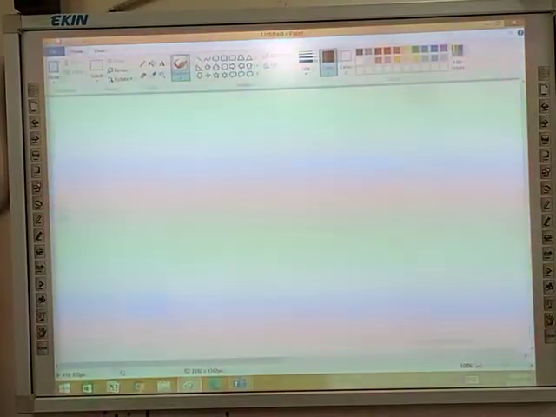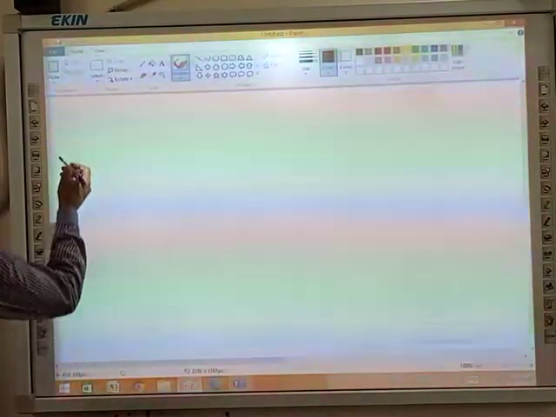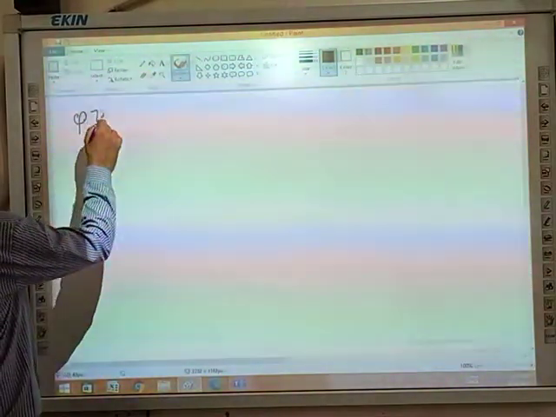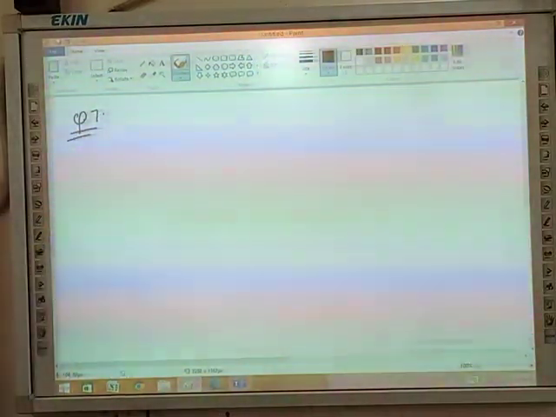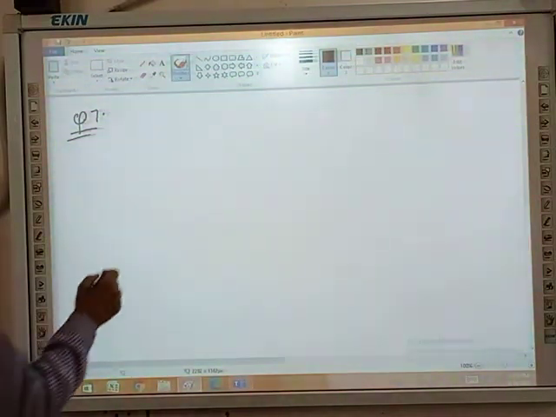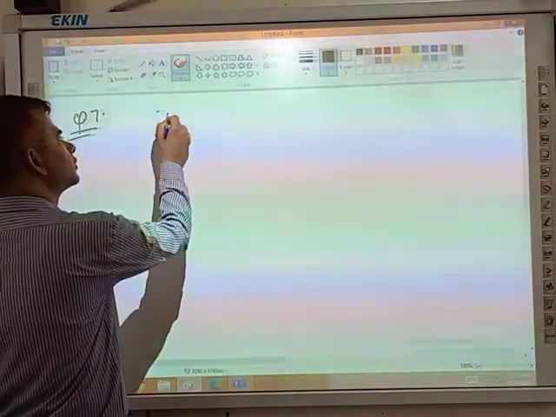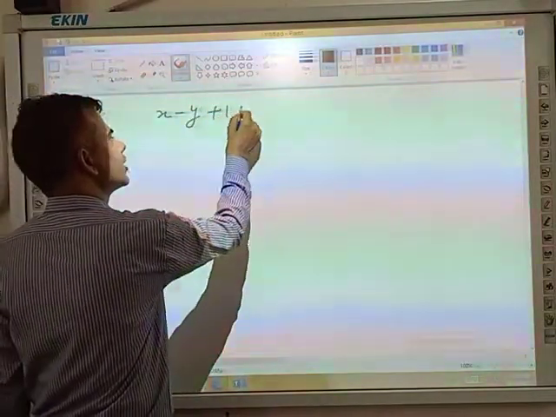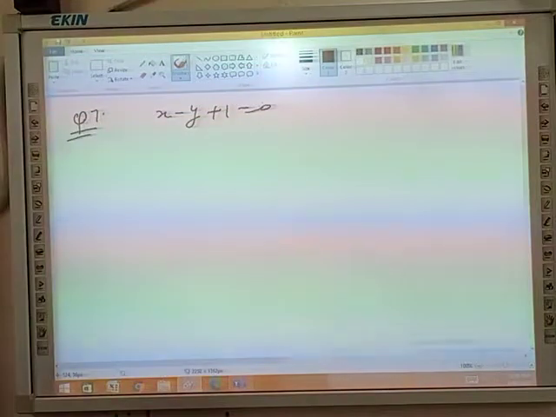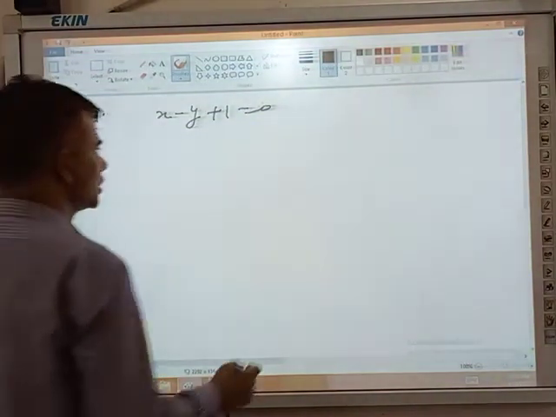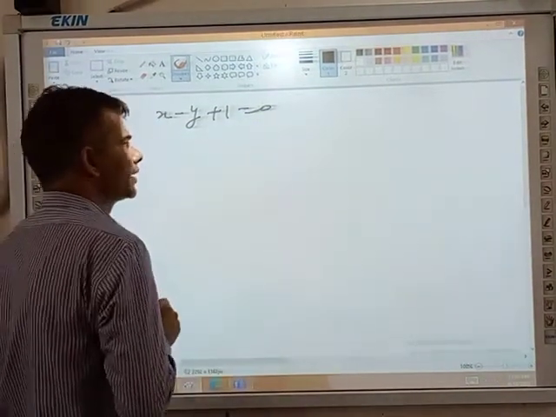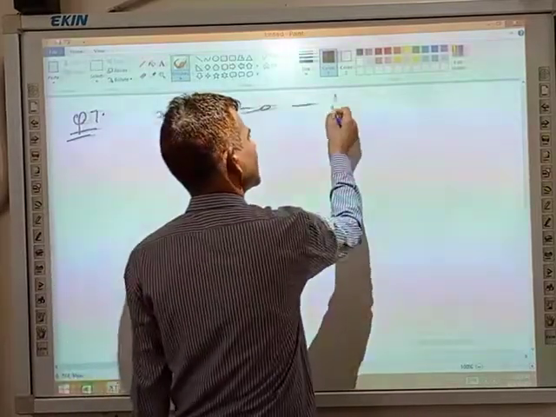Now students, question number 7. Draw the graph of the equations x minus y plus 1 equal to 0 as the first equation, and 3x plus 2y minus 12 equal to 0 as the second. Using these equations, draw a table. That is your first linear equation in two variables.